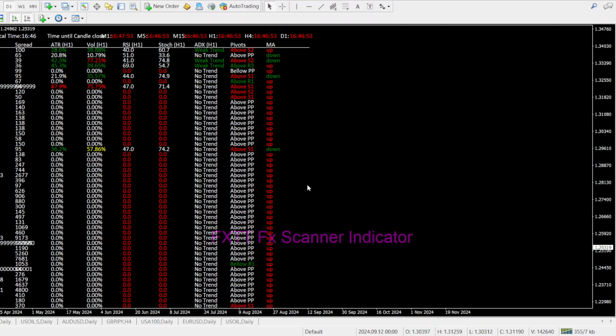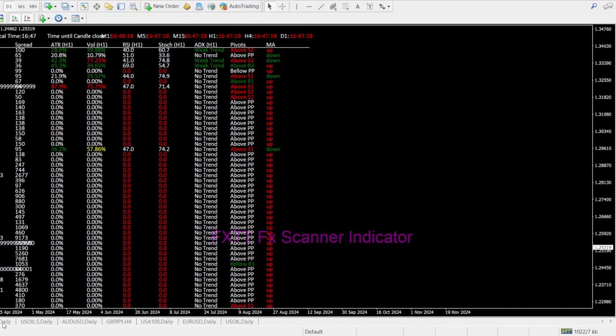Okay, so the indicator is quite interesting. It's an indicator that blocks your candlesticks view. So I am going to recommend that if you want to make use of this indicator, you need to have another chart open.